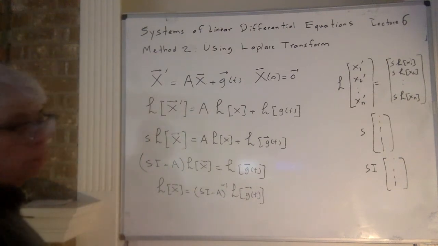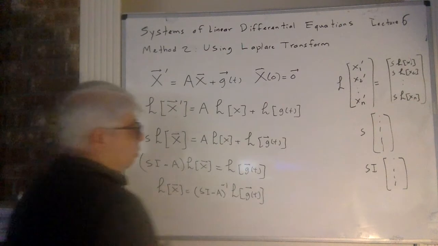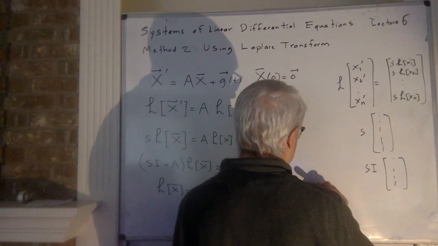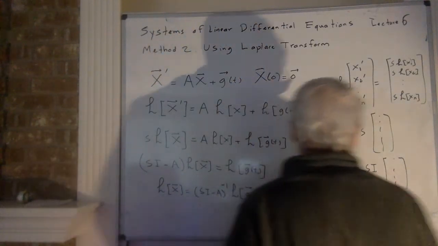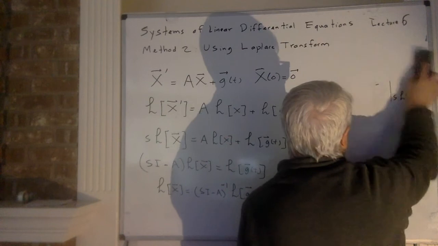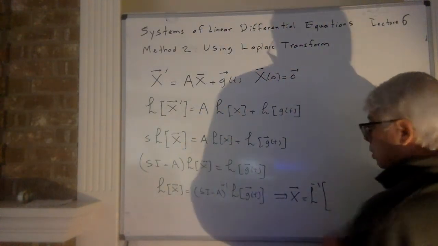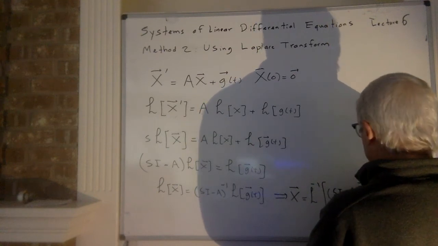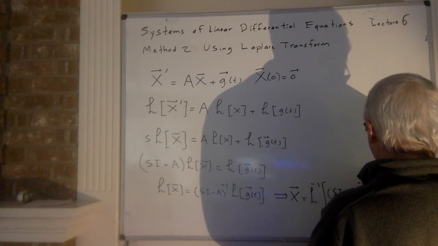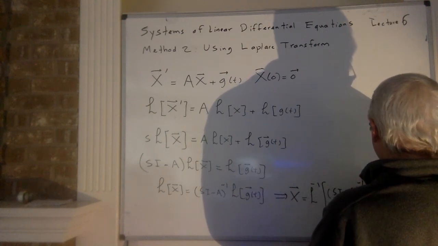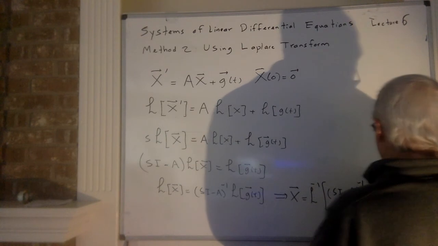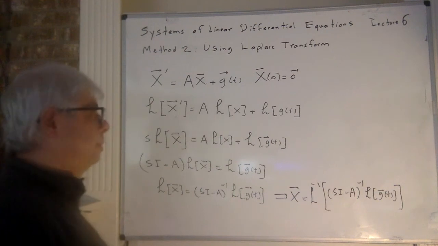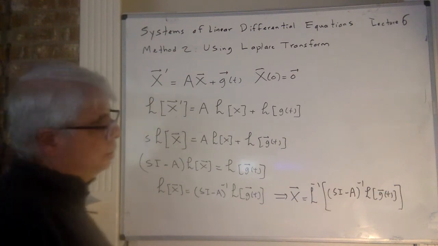That's it. So you have the Laplace of x, and x will be the Laplace inverse of this guy inside. Write it as sI minus A inverse times the Laplace of g(t).